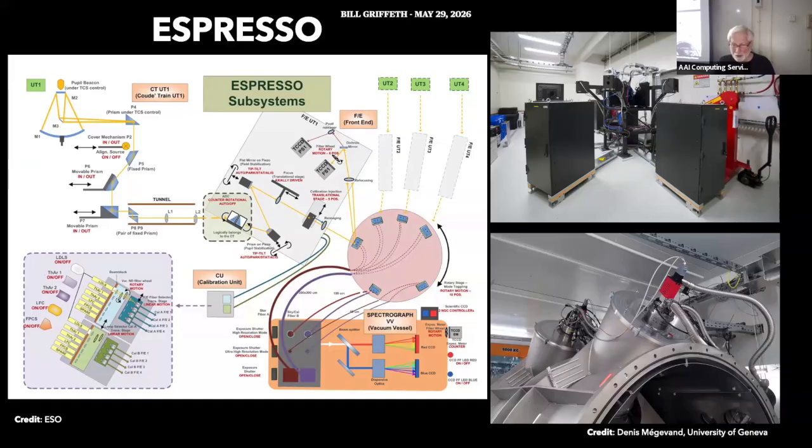The gray section in the top center is ESPRESSO's front end for receiving light from UT1. The front ends of UT2, UT3, UT4 have the same design. A couple of the front ends are pictured in the top right of the slide.